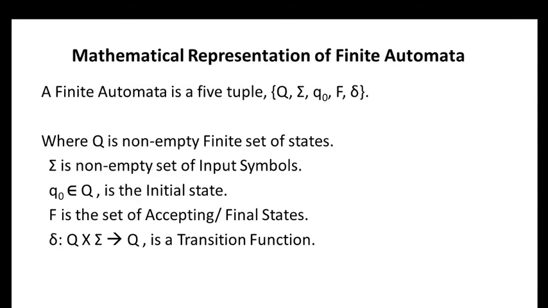The next topic is the mathematical representation of the finite automata. You already know that a finite automata has five tuples. Which are those five tuples? We have to represent a finite automata mathematically like this. These are the five tuples: capital Q, sigma, Q naught, capital F, and the transition symbol.